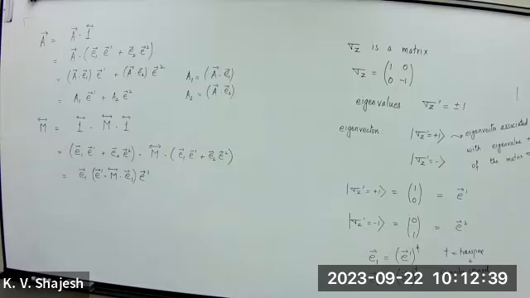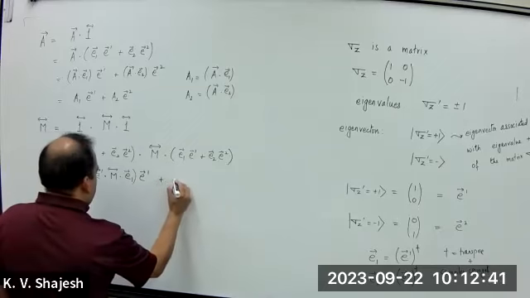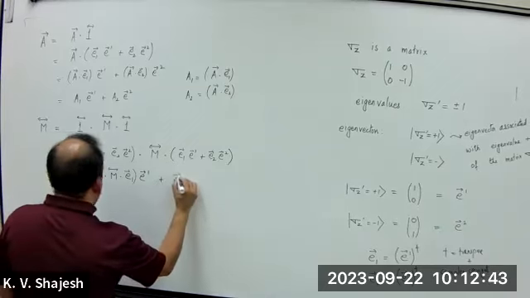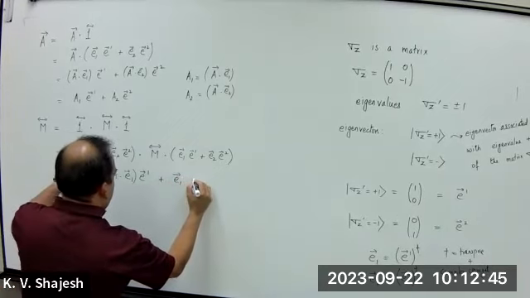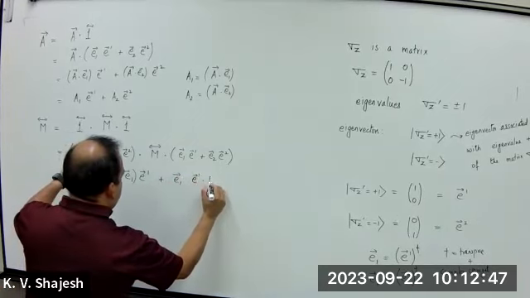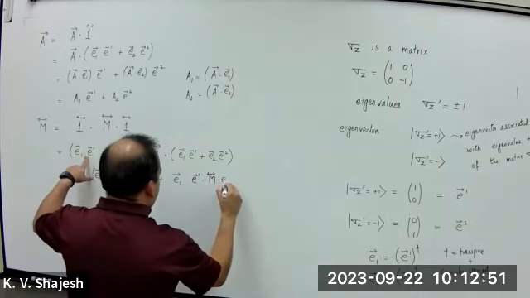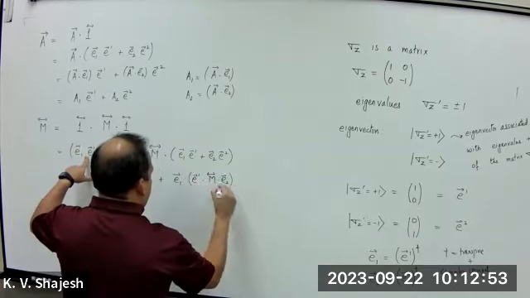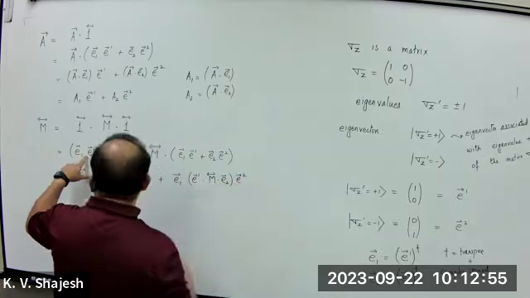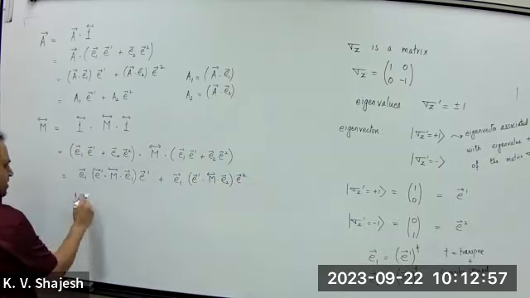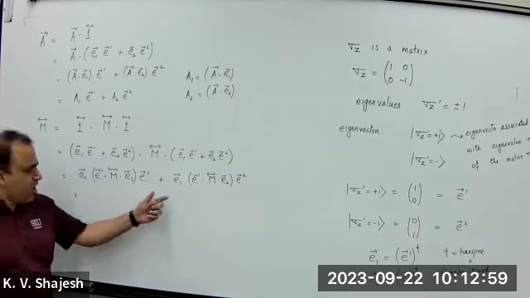That's the first piece. Second piece is E1 dotted with M dotted with E2, times E2. And let me write it here, but the idea is, you notice this is not a matrix.